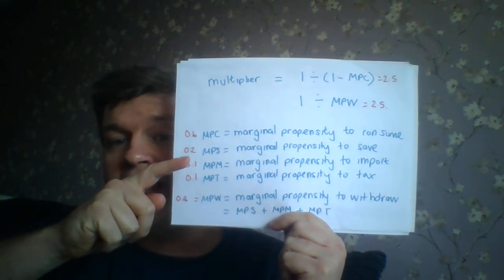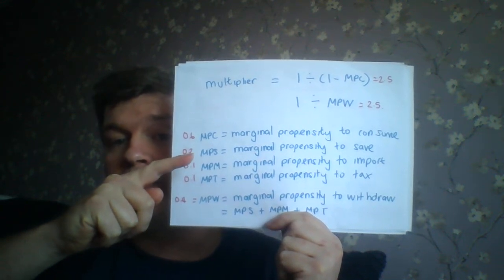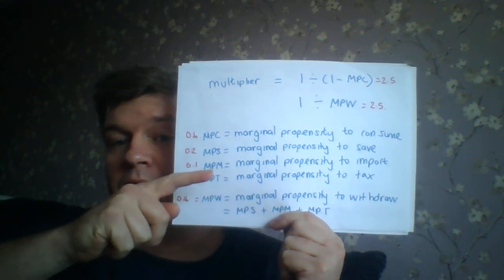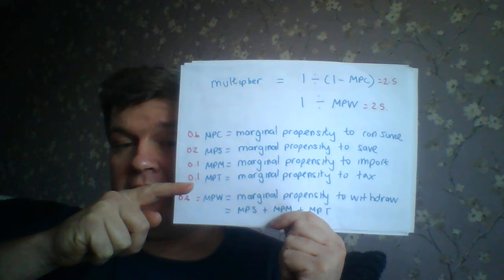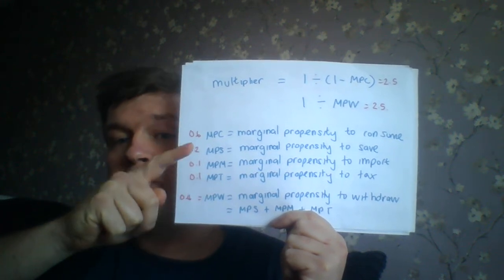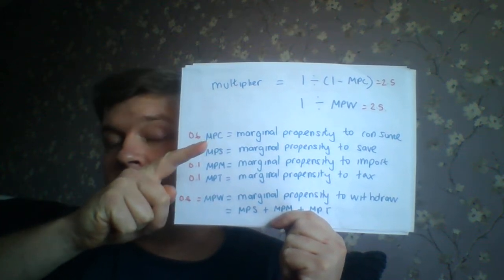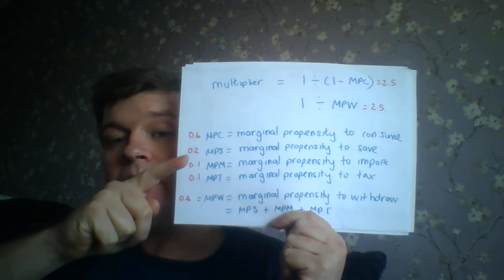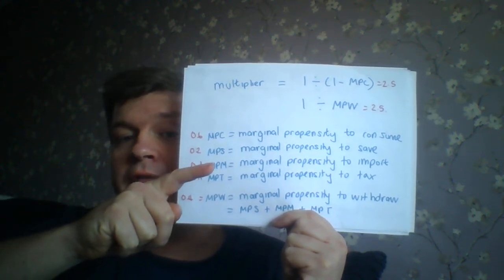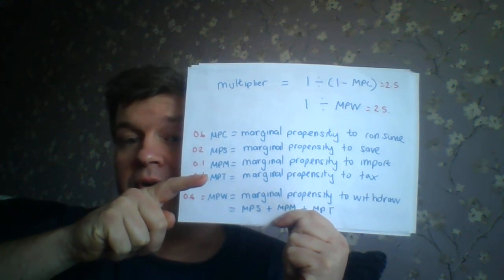I'm choosing to save £20, so 20% of that £100. £10 of it, so 10% will be used to buy imports, and 10% or £10 will be used to pay taxes. So of that £100 we can see how it's going to be accounted for. £60 will be used to buy goods and services in our economy, £20 will be saved, £10 will go towards buying foreign goods and services, and £10 will go towards the taxes that I've got to pay.